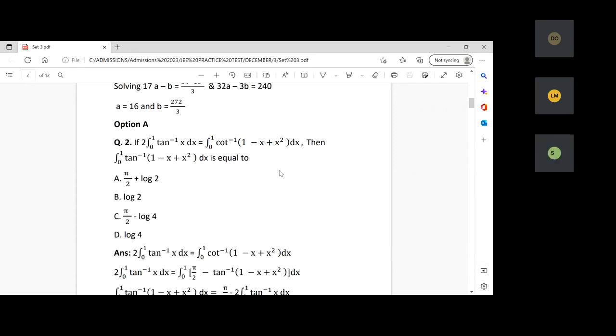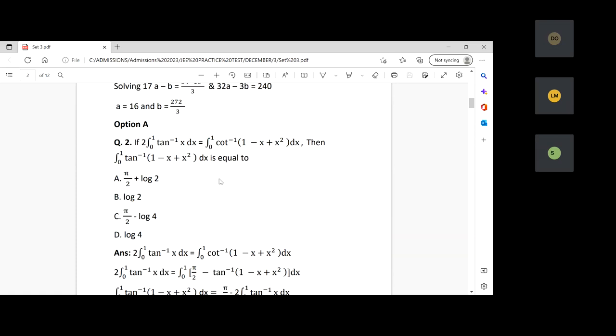There is a relation between tan inverse and cot inverse. How will I be able to reframe it in such a way that I'll be able to find the integral of 0 to 1 tan inverse of 1 minus x plus x square dx?